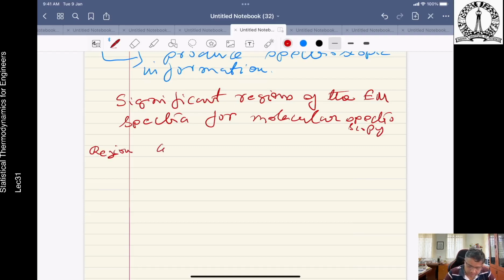First is the region, then there is the wavelength, then the wave number, then the transitions.